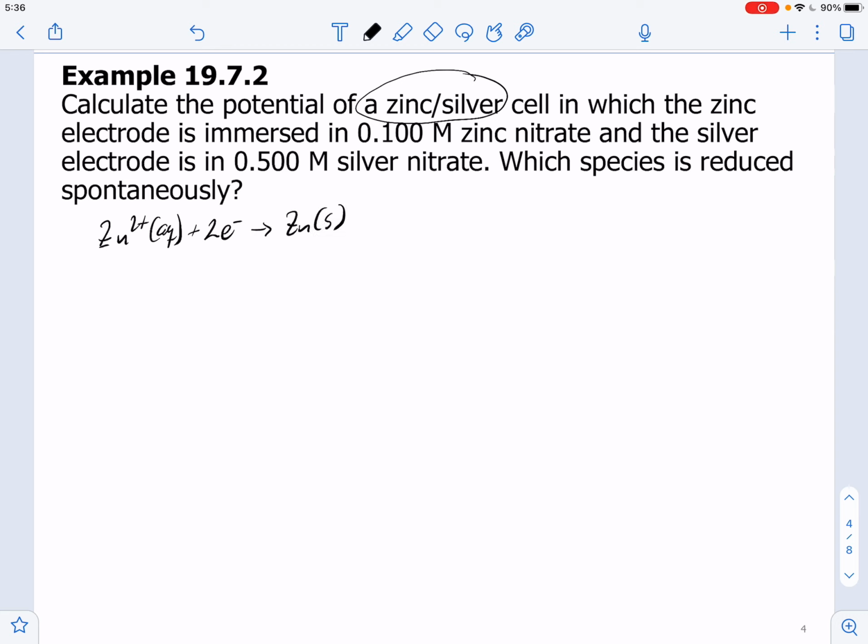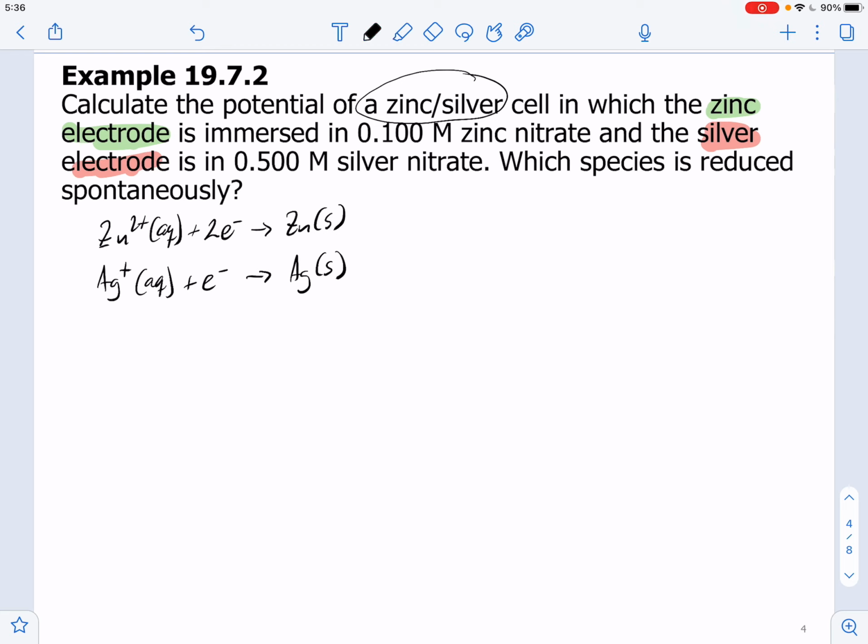And silver is Ag plus plus 1 electron going to silver solid. How do you know that they are solids? Well, you have a zinc electrode immersed in a 0.1 molar zinc solution, and a silver electrode submerged in a 0.5 molar silver nitrate.